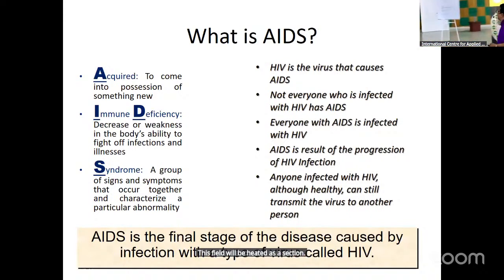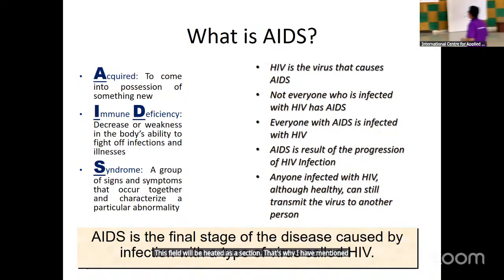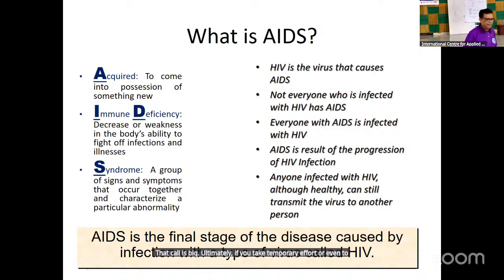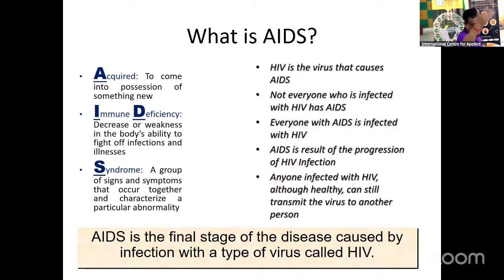That's why I have mentioned HIV is the virus that causes AIDS. Ultimately, if you take the necessary action to kill the virus, if you treat the people, then such a position will not happen. That is the AIDS position.